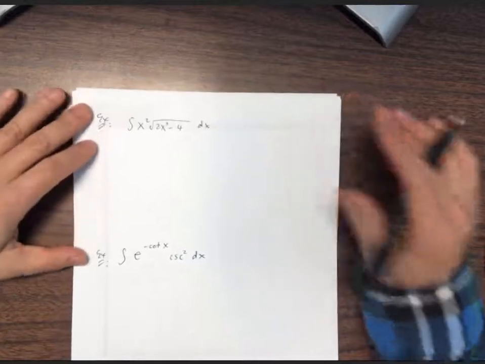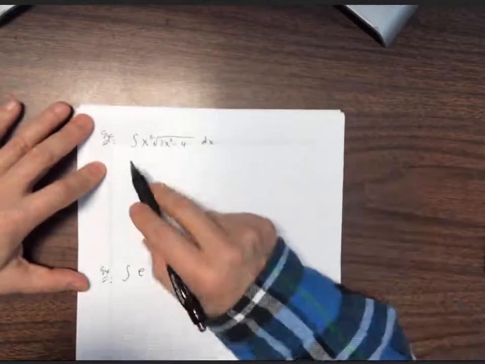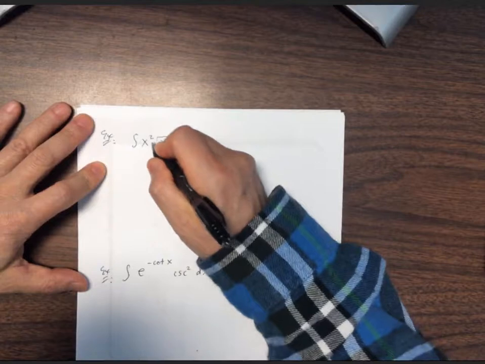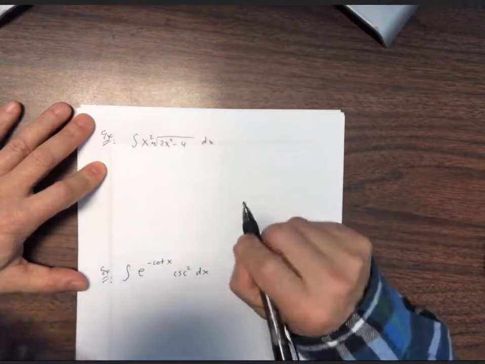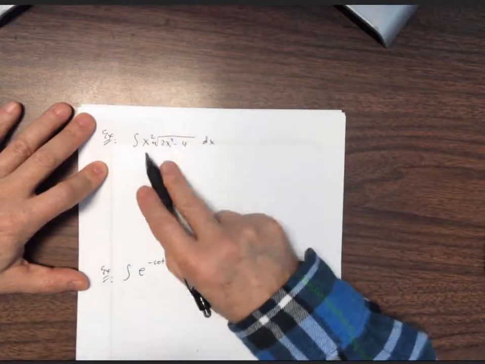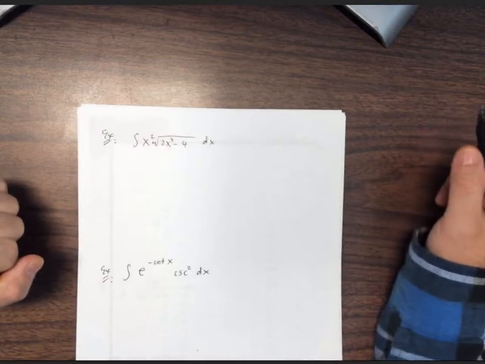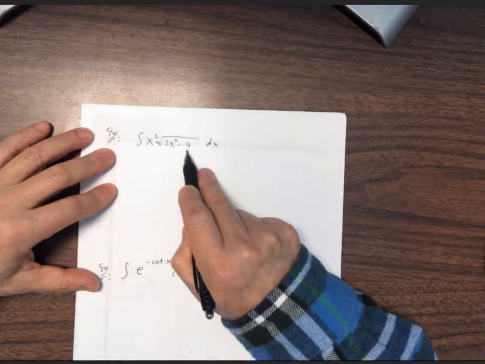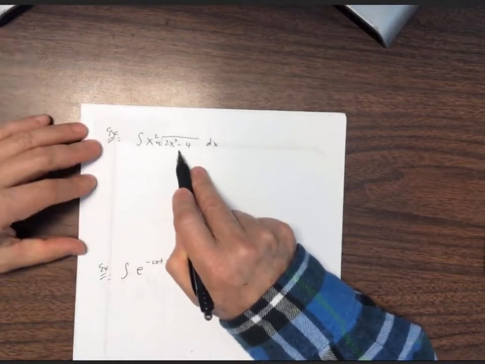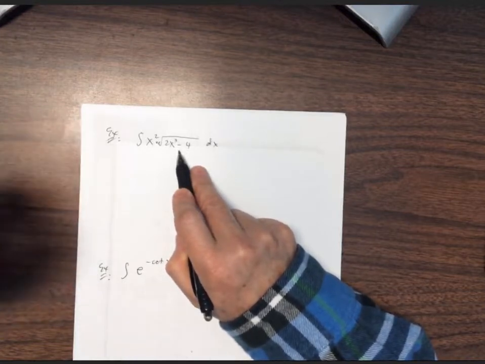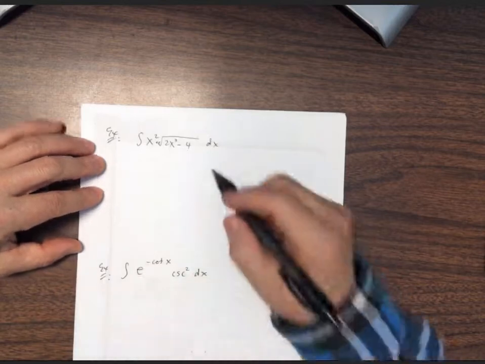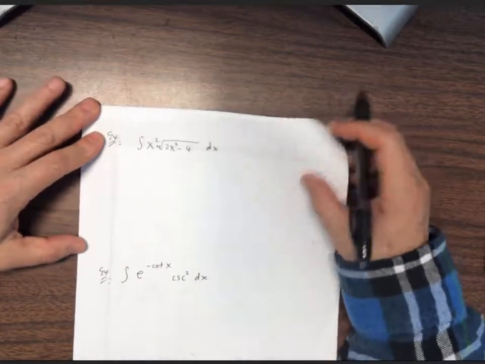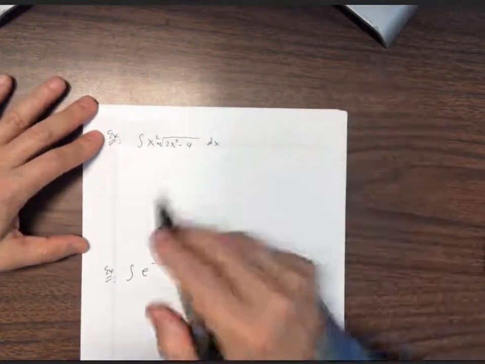Alright, let's see an example. So the first example is x squared times the square root of whatever here. So two parts, x squared and the radical. The radical is obviously more complicated, right? So let's use this supporting factor concept to test it out before we actually write down anything.